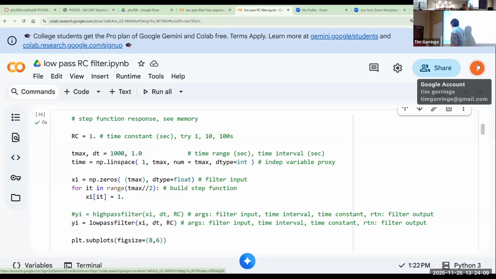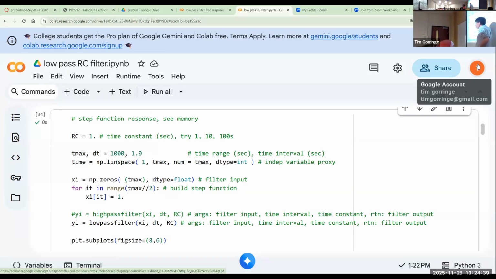I want to define my input, and I'm going to define a step function input. And then we're going to calculate the output and look at the output step function. So I initialize my input array, xi, and then I'm going to set the values of its elements to 1 up until the midpoint of the array.